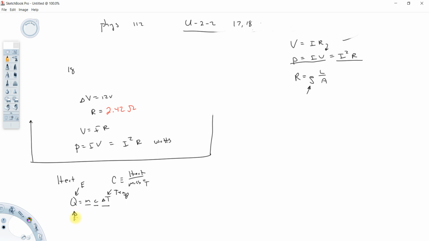And then going back to the first part of this problem, when you calculate a power, remember that is change in E over change in T. So when you take a power times a time, it's an energy. So you're going to take this, multiply by time, and you don't know the time, so just take your power times delta T, which is now an energy. This is an unknown, and set it equal to the energy calculated here. That should get you through that problem.